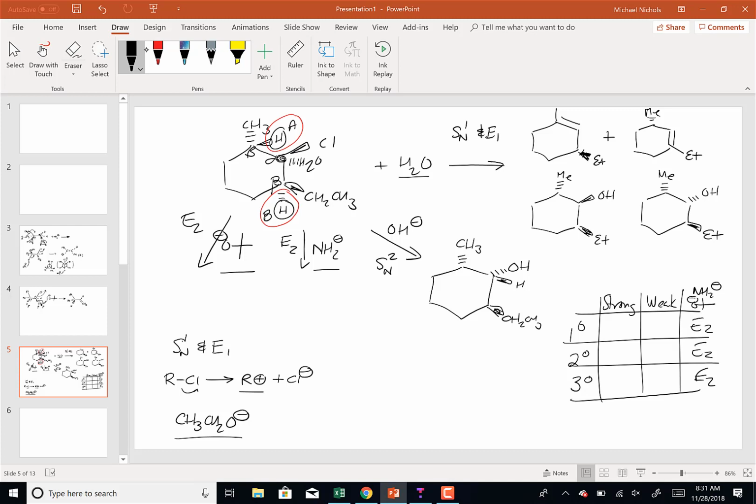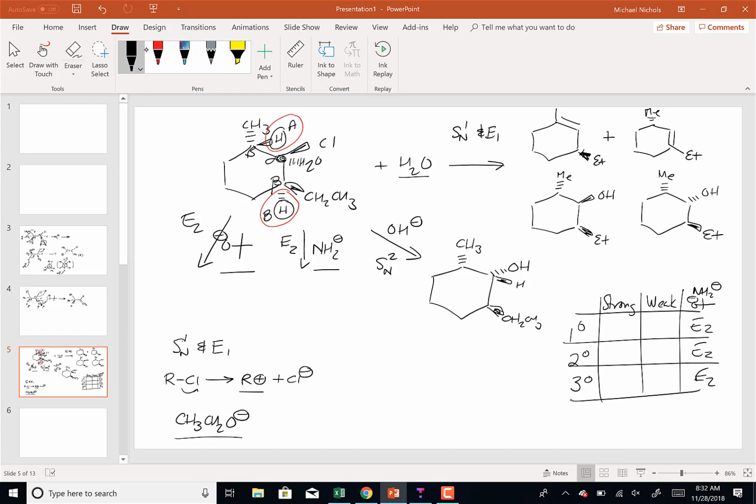Either of those 2 bases are doing E2, so what does the hydrogen have to be? Antiperiplanar, which in a ring system means that it has to be trans. And so which one of those 2 is trans? B. So when I do those E2 reactions, only the B hydrogen can be removed.